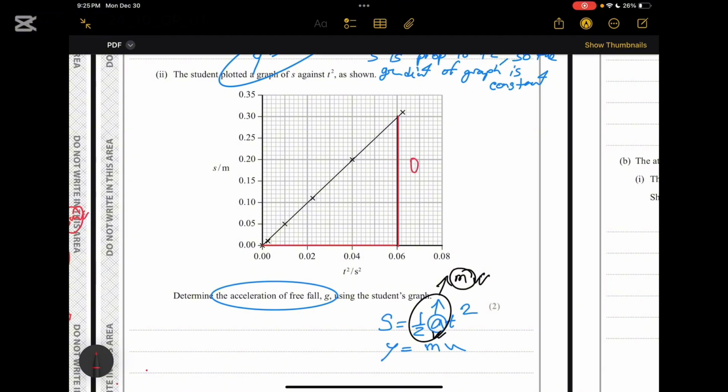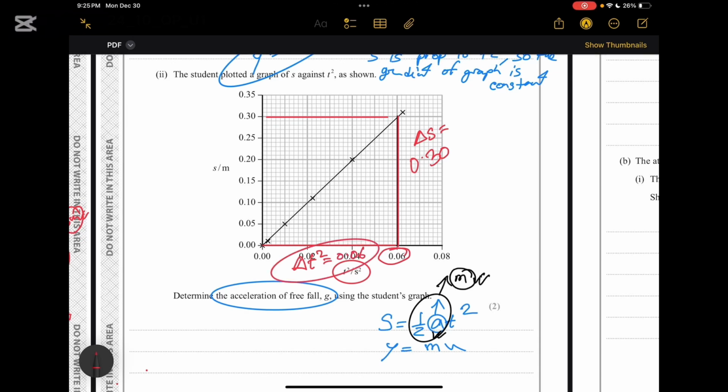This value is 0.3, so del s is 0.3, and del t squared is 0.06.